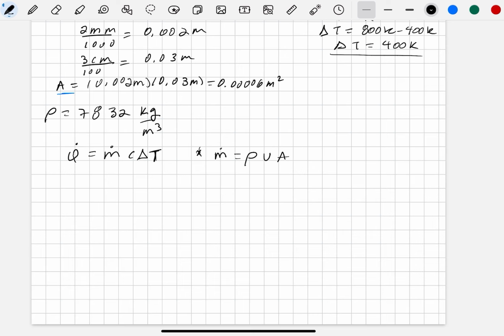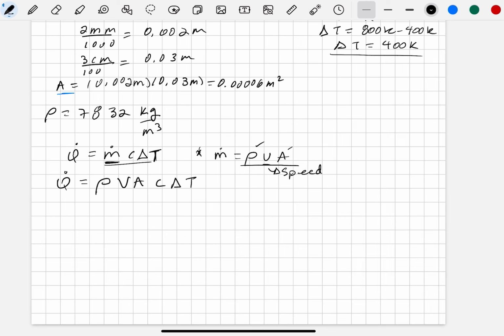The reason I decided to find the area is that I'm given the density, and I'm looking for the speed. So I can make a substitution into this formula. Q dot is equal to not only m dot, but I'm going to place this entire thing: the density times the speed times the area times the specific heat times the change in temperature.